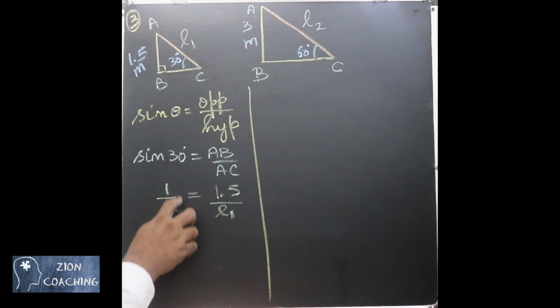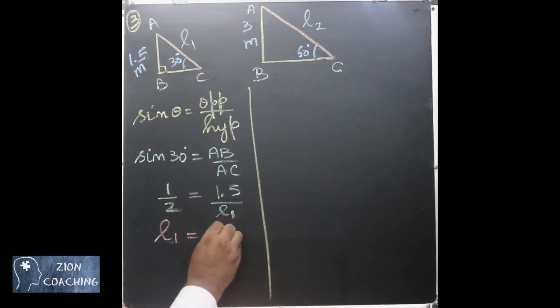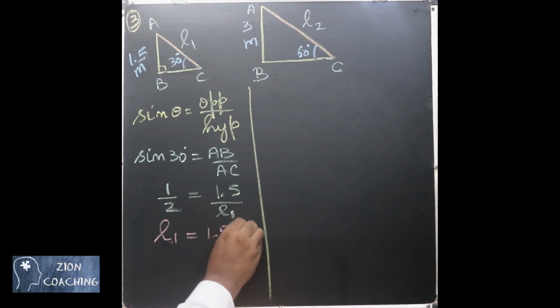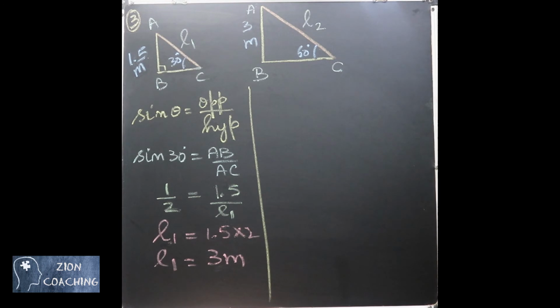Taking L1 to this side and 2 to the other side, we will have L1 into 1, that is L1 equal to 1.5 into 2. So your L1 is equal to 3 meters. That is the length of the first slide is 3 meters.